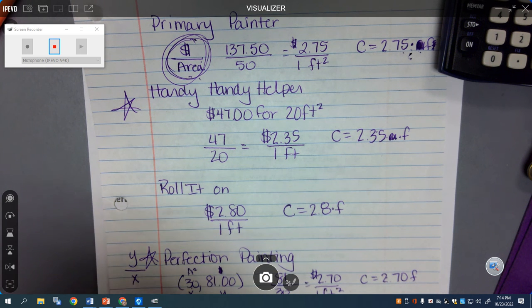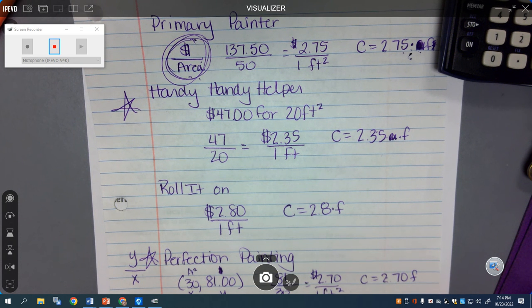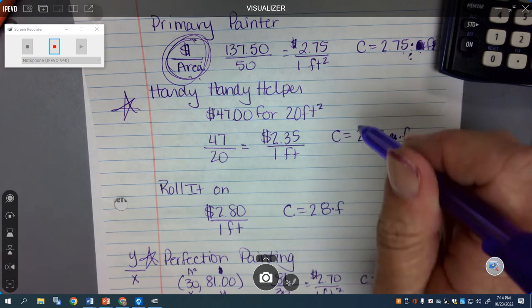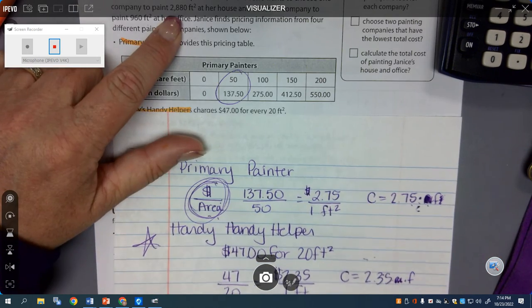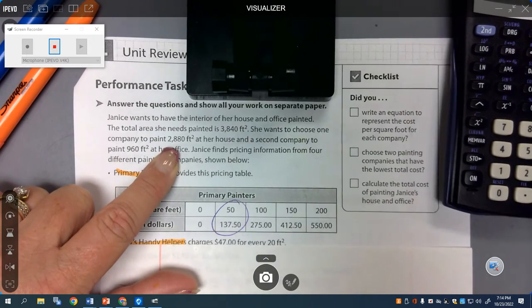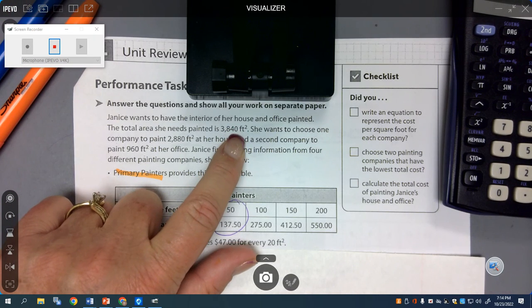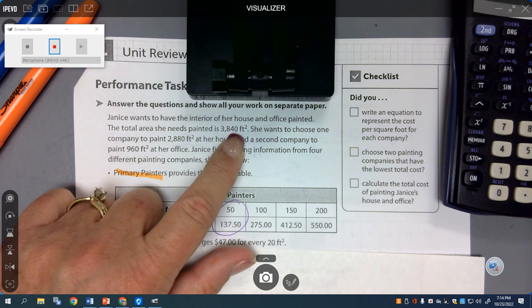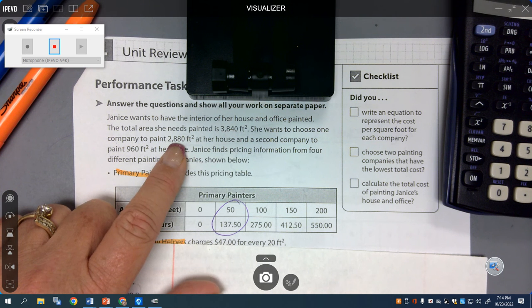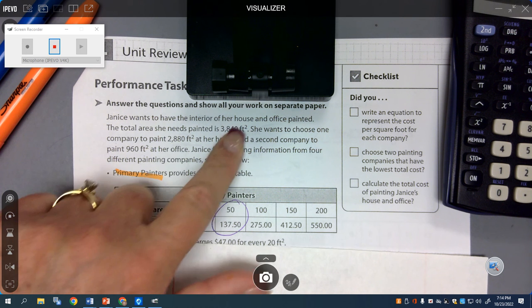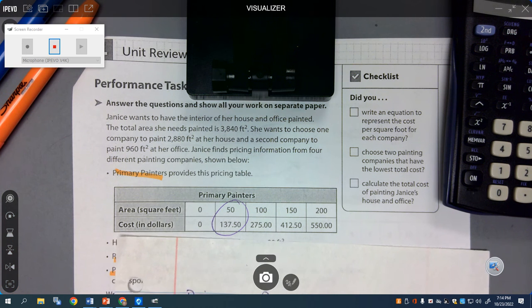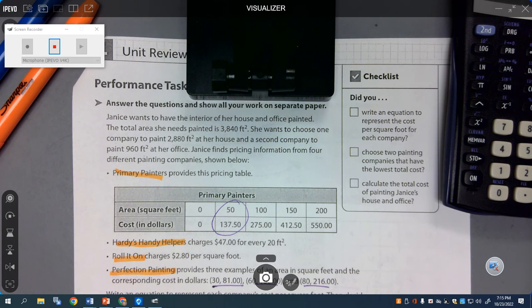So now I'm probably going to have this company paint the largest area that we have, and the largest area is her house. And then I'm going to have Perfection Painters do her office, because it's a smaller value than her house. So we need to find the total cost.